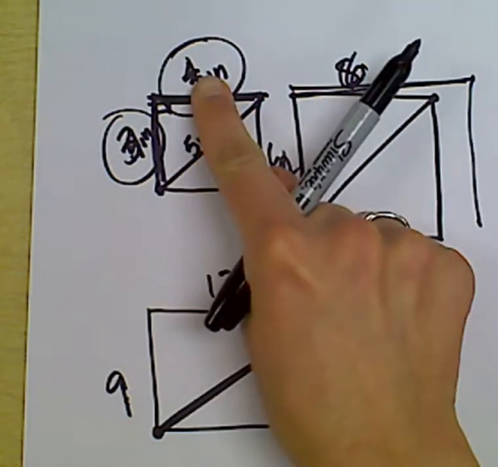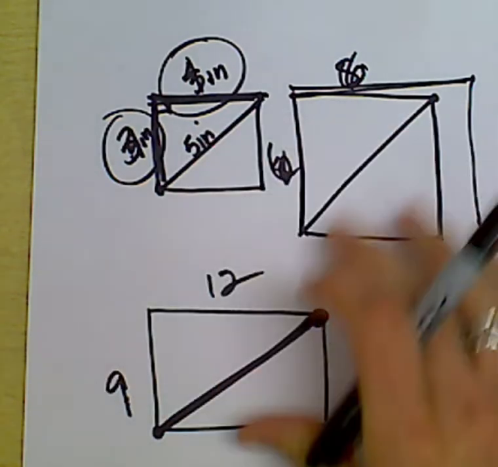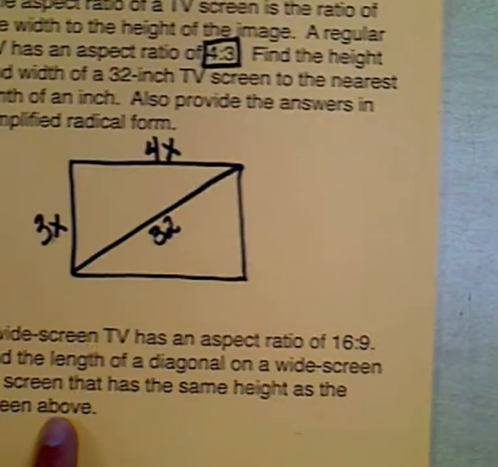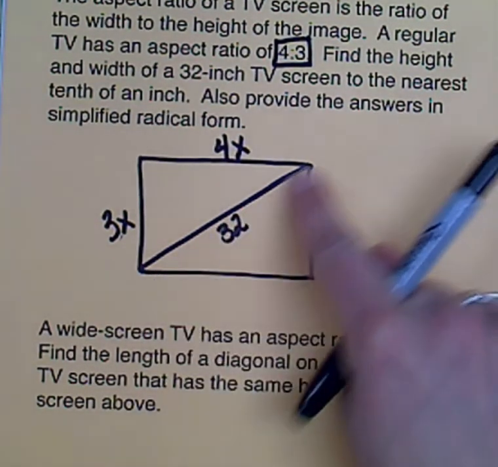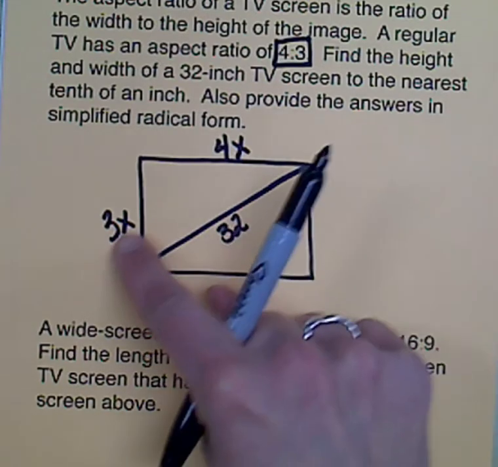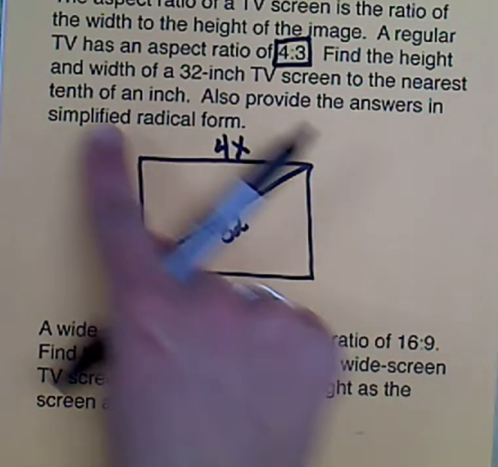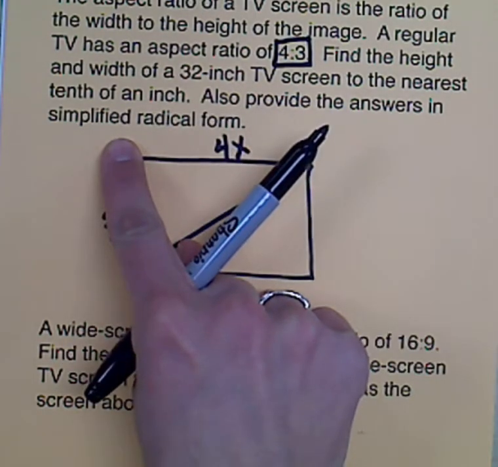Now, here it was really nice. 3:4, 6:8, 9:12. It worked really nice with whole numbers. It won't necessarily do that here because I'm hoping we can all see that 32 isn't a perfect square. So whatever these numbers are, it is going to have to be to the nearest tenth. I'd like for us to also try to put them in simplest radical form.